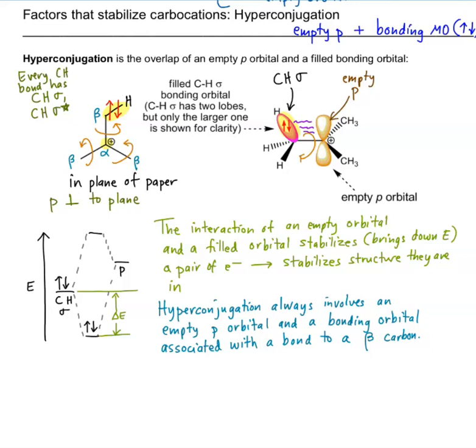All these bonds are rotating, which means that at any given point in time, it's going to be a different carbon-hydrogen bond that's aligned, that's parallel with the p orbital shown to the right of the structure on the right-hand side of the page. So you also have three carbon-hydrogen bonds coming off of that beta carbon and this beta carbon and so on.